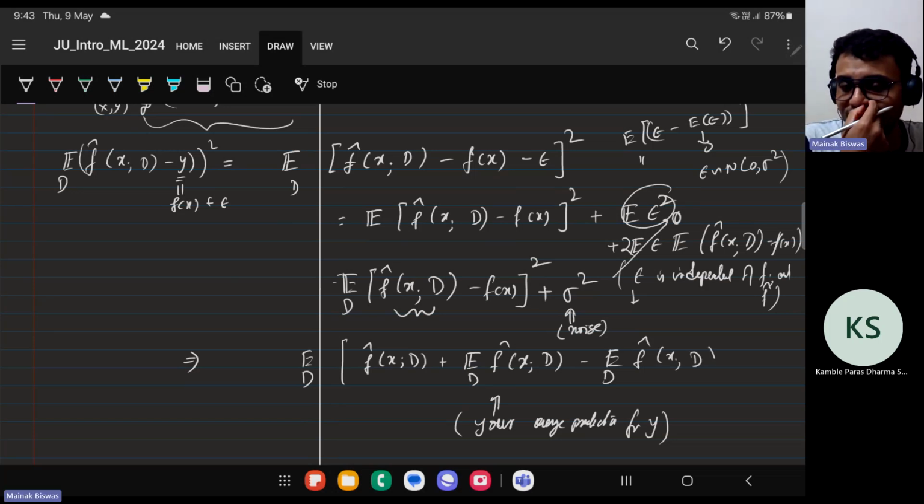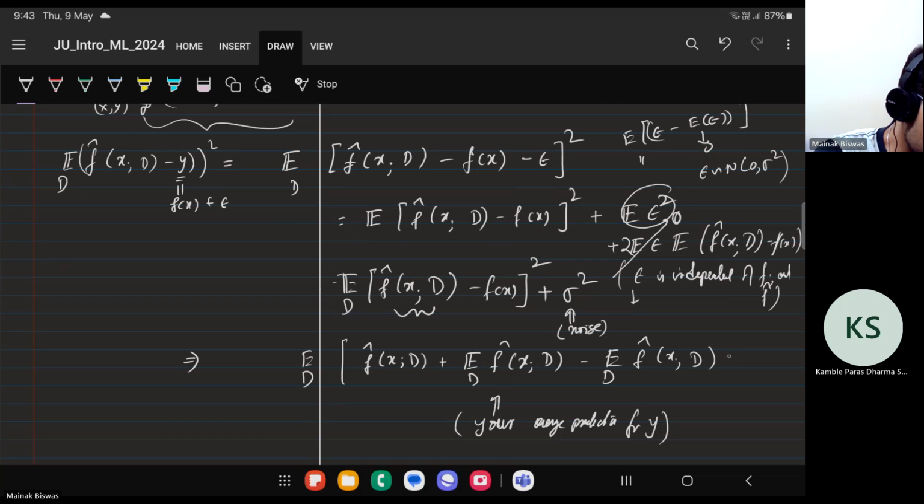Generally, if it is a fixed model, this is going to be fixed for a data point. If it is a probabilistic model, then I will be taking the expected value. Otherwise, this is just going to be a simple constant.